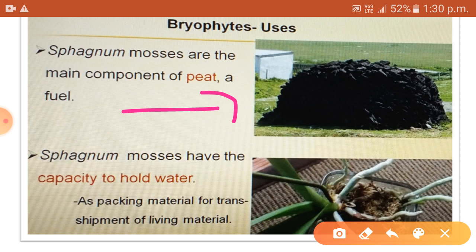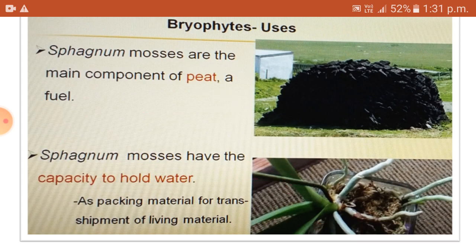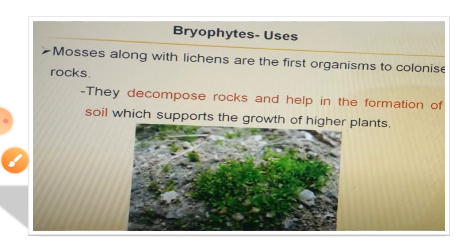Sphagnum mosses have the capacity to hold water, and because of this they are used as packing material for transshipment of living material. For example, you can see here this orchid plant is planted in sphagnum moss. Mosses along with lichens are the first organisms to colonize rocks, and hence they have an important ecological role.